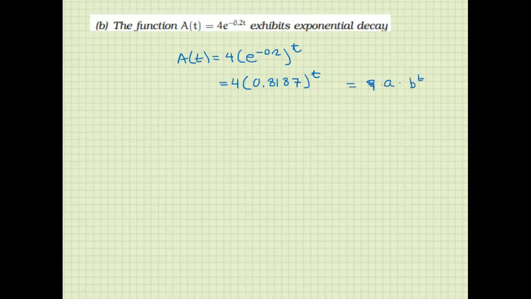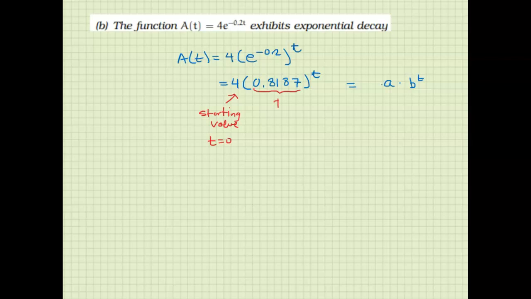That's standard exponential form. Okay, so what this tells me about my function is that 4 is the starting value. So you're starting with 4 of whatever you're interested in, starting value when t is 0. Okay, and this right here is the base.